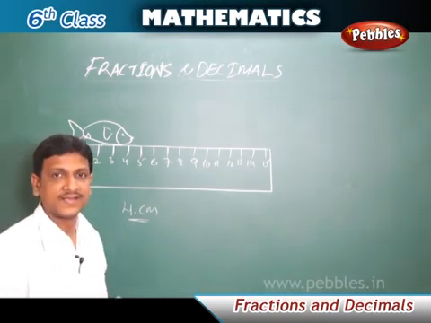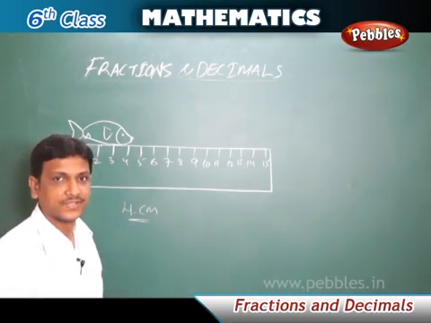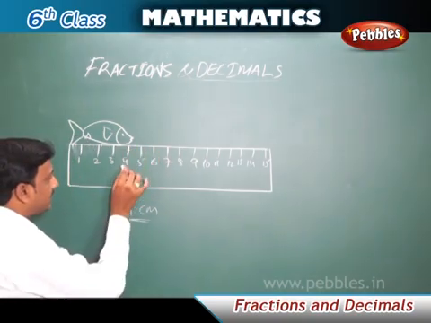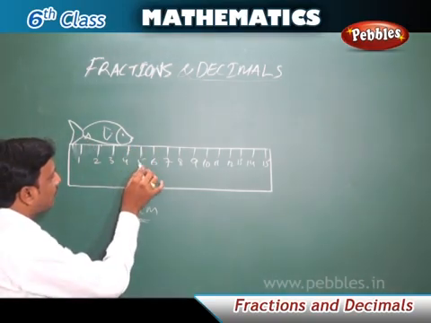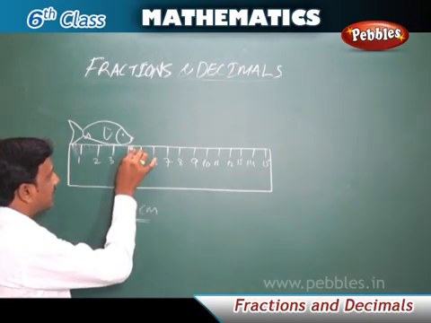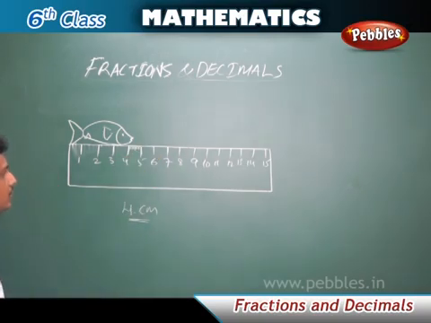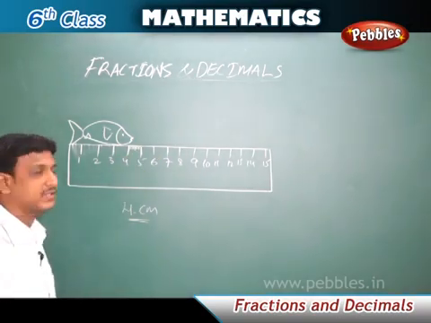Now, how do you give its exact or accurate measurement? We do one thing. Let us divide the space between 4 and 5 into 10 equal divisions. So, we made these 10 equal divisions.